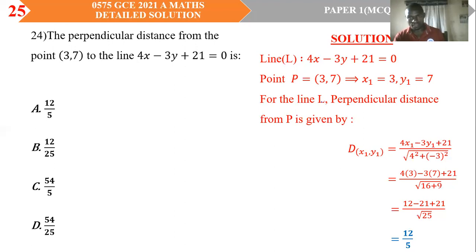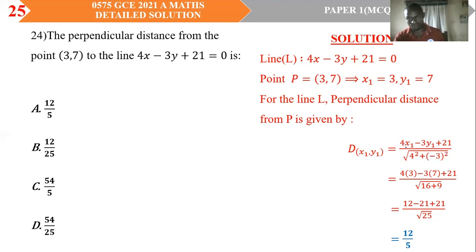For the line L, if we are looking for the perpendicular distance, we use the formula for the perpendicular distance from a point x1, y1 to this particular line, which will be given by 4x1 minus 3y1 plus 21 all over the square root of 4 squared plus negative 3 all squared.